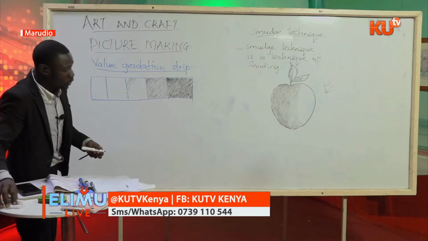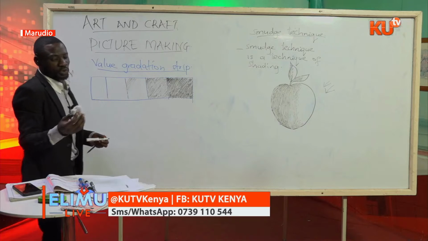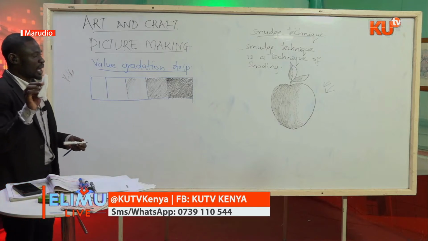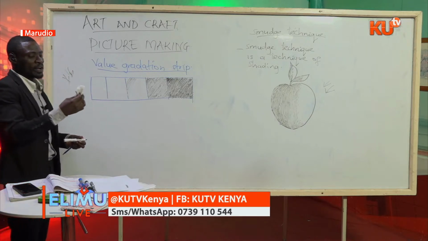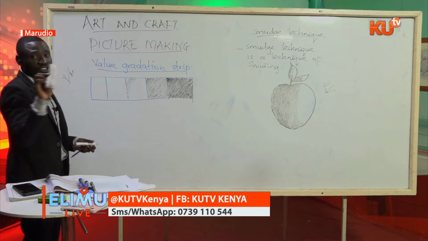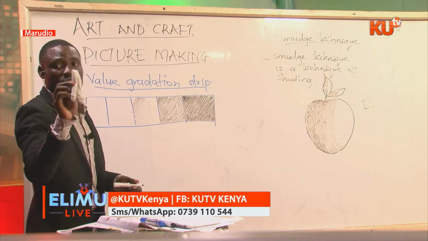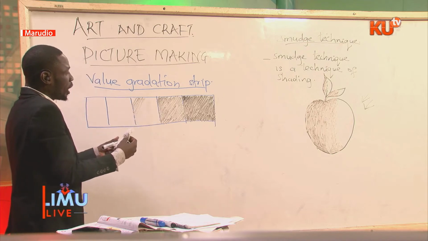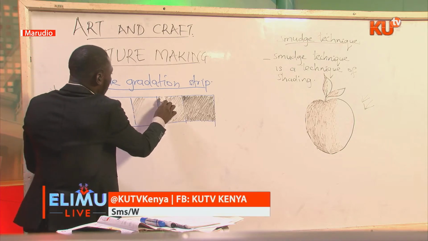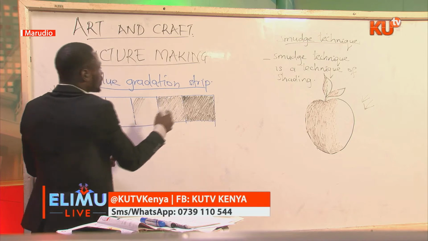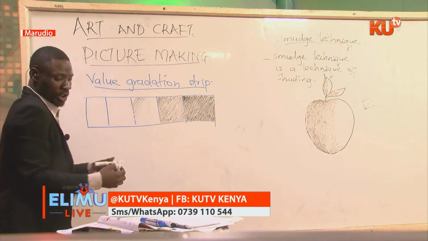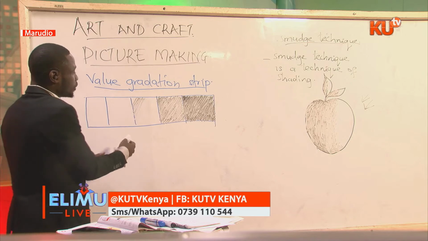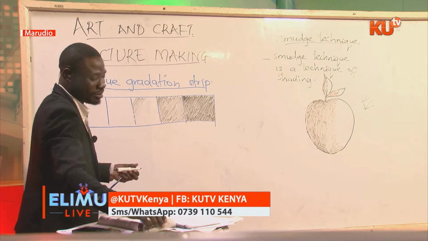As we shade, we can use a soft paper like this one. This is a tissue paper. We can use a soft paper to make it appear blended. But in my case right now, because of the surface I'm using, if I use this one, it will rub everything off.